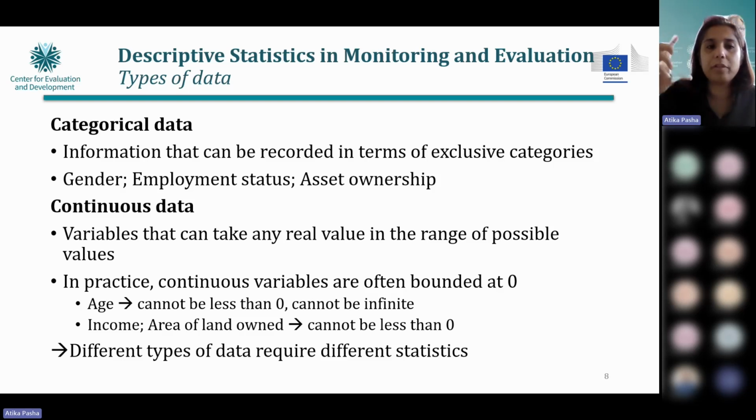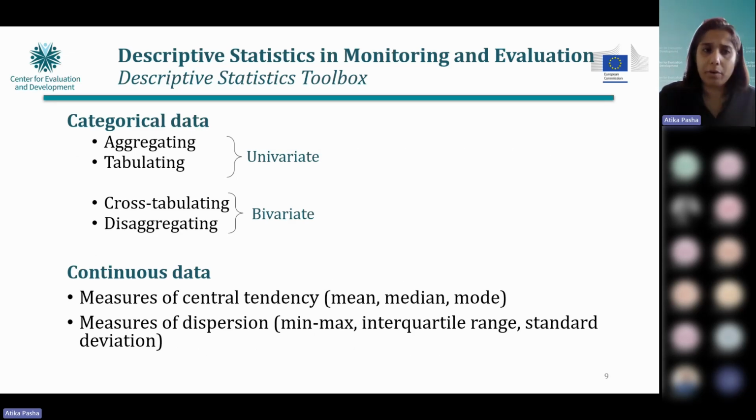These are the differences between categorical and continuous data, and both require different types of statistics. First, for categorical data, we have univariate data, which is just taking one variable or one piece of information from an individual and aggregating or tabulating it. These are the forms in which you see a single variable described, and we will show examples later.